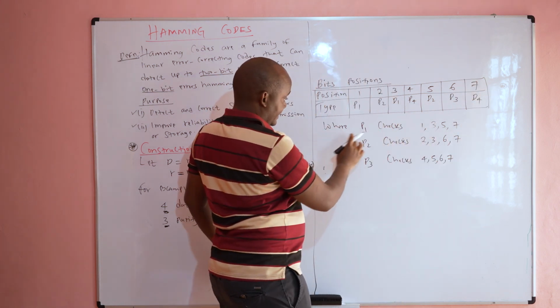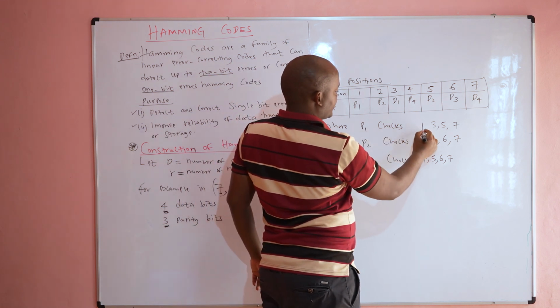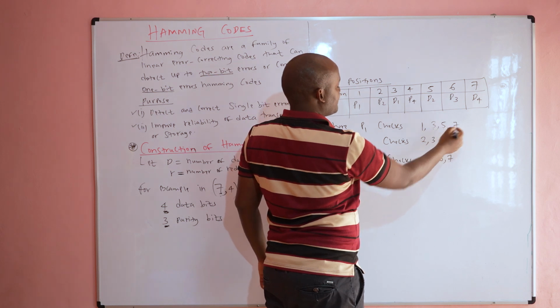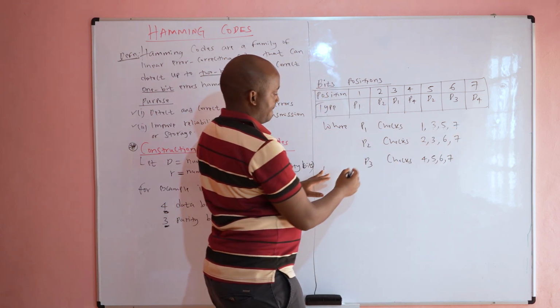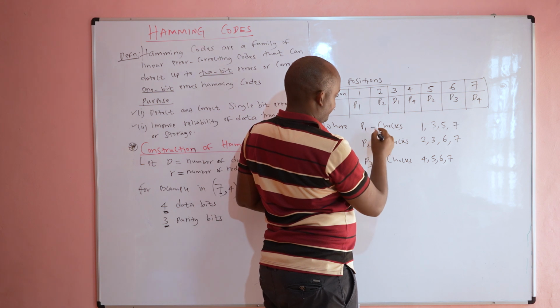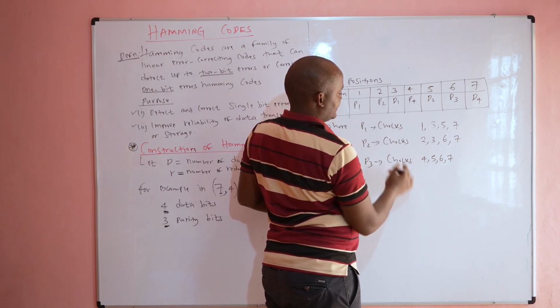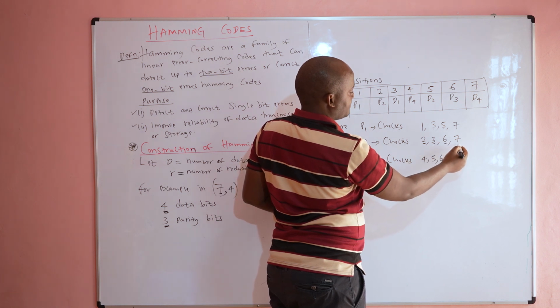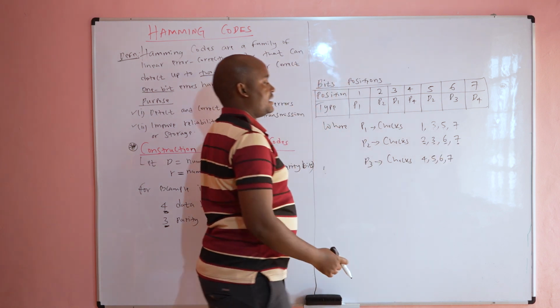So in this particular case, P1 will check these positions: position number 1, position number 3, position number 5, and position 7. Parity bit 2 will check position number 2, position number 3, position number 6, position number 7 in that particular code word.